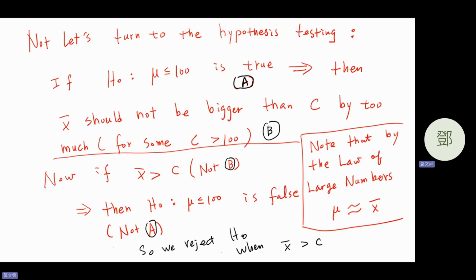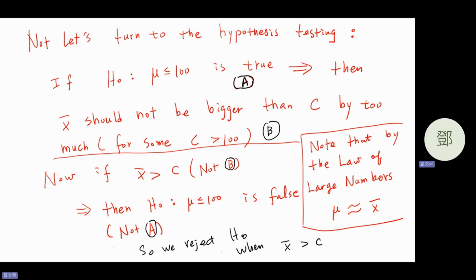So A implies B. Because mu is smaller than 100, X bar cannot be bigger than 100 by too much.